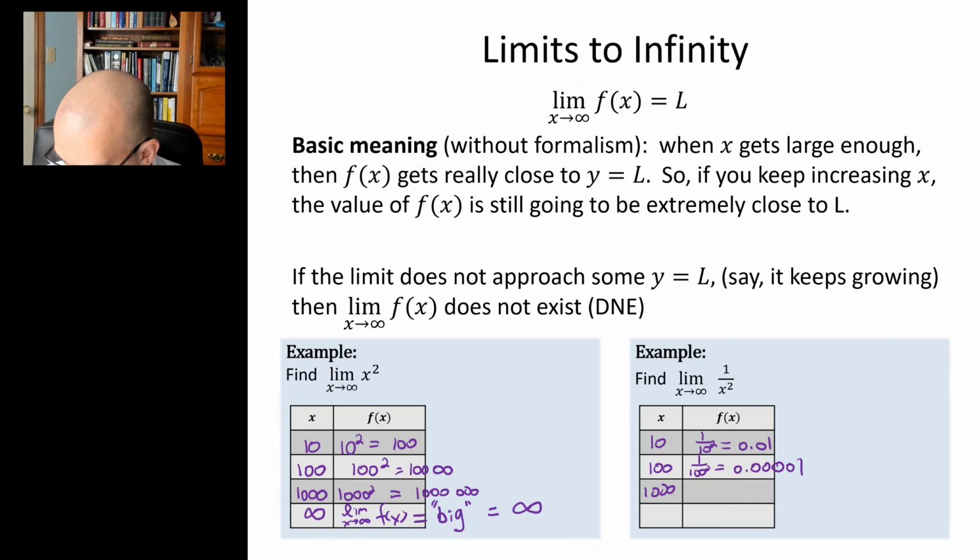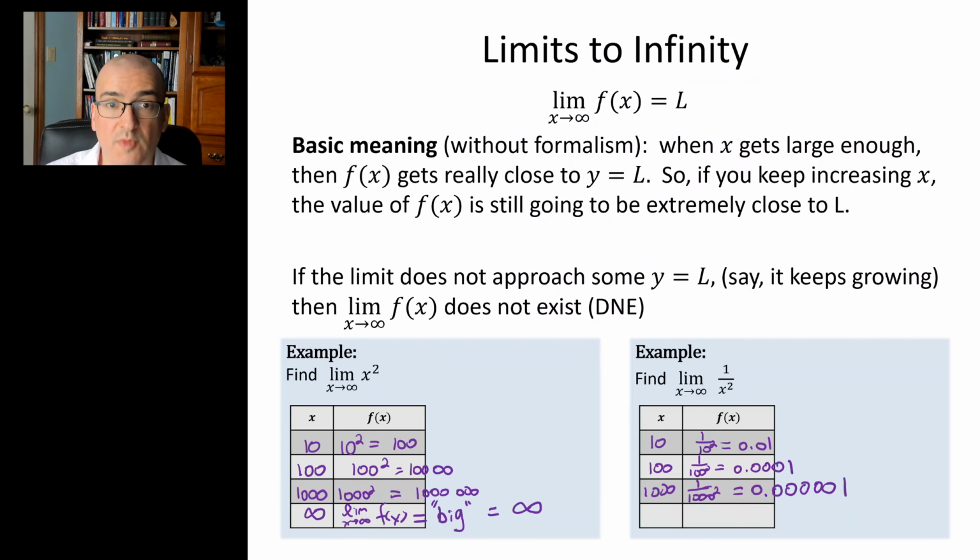So I shift it over by 1, 2, 3, or maybe that's too many. Okay, and then 1 over 1,000 squared. 0. How many zeros are we going to have? That many zeros, I think.